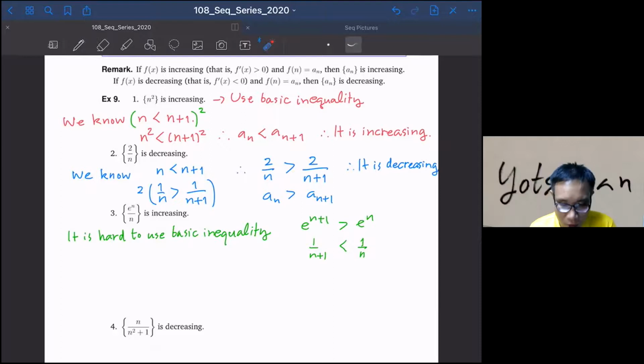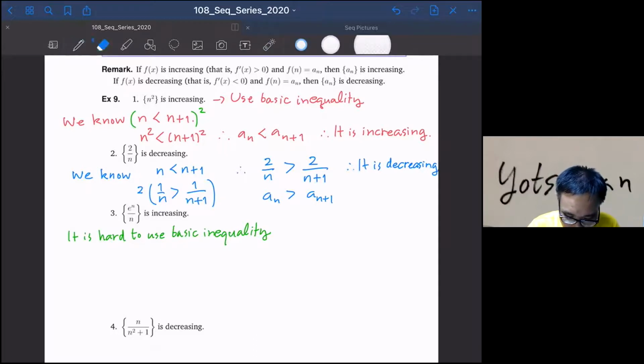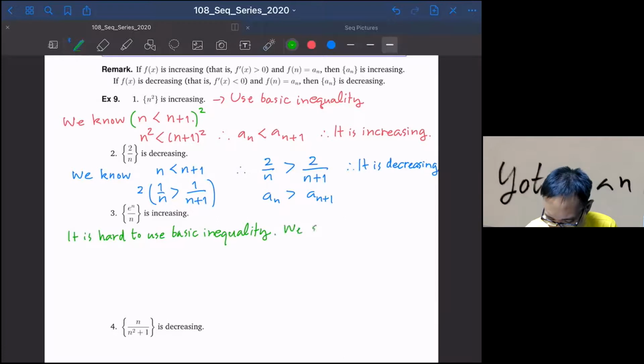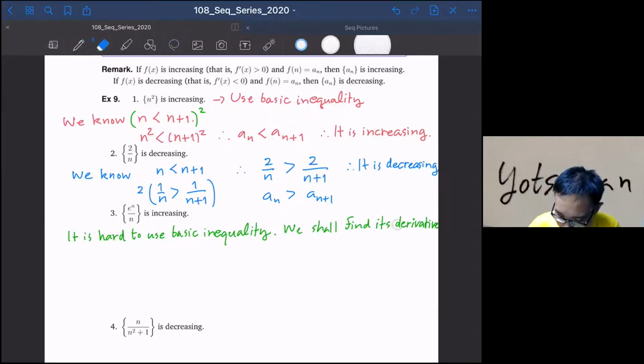So the thing that we're going to use is the derivative. We shall find its derivative.